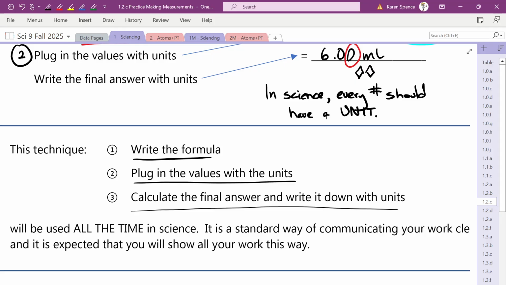Yeah, being paranoid about if your burette is closed is a good thing.